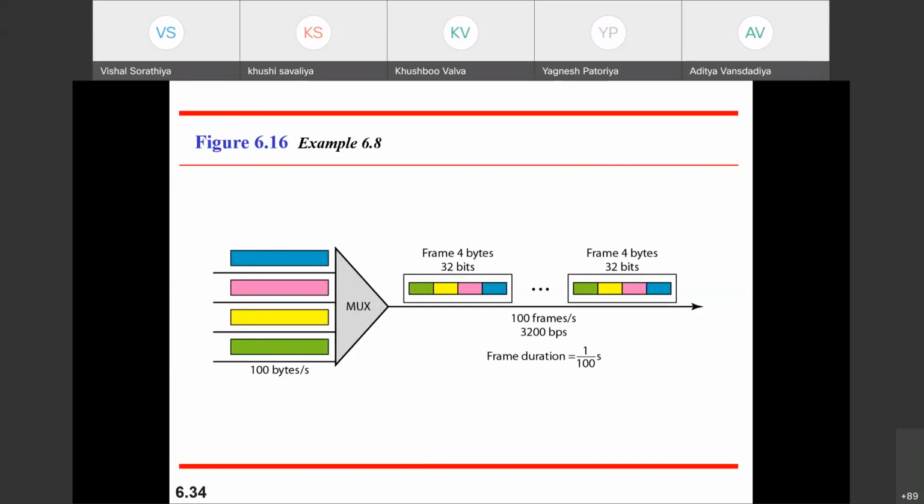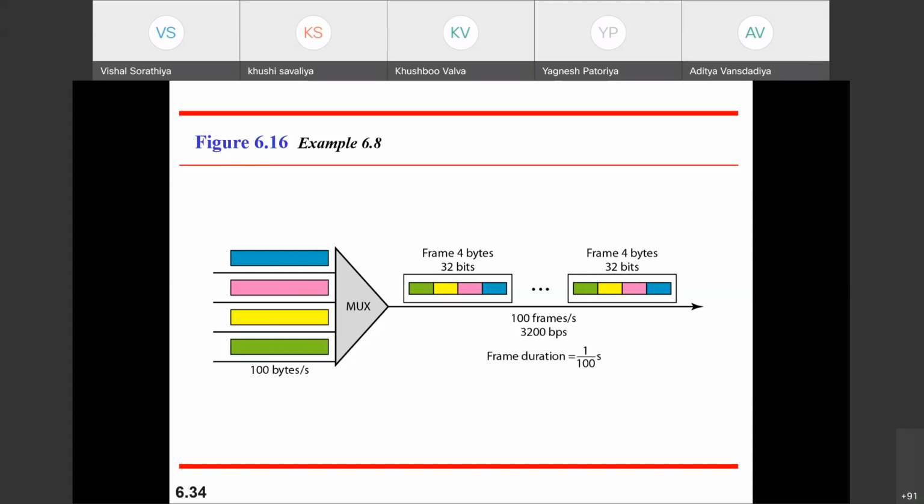Say you have 4 channels. All 4 channels participate as one time slot in one frame generation. So the speed of the output frame is going to be 4 times faster than the actual data you have given.